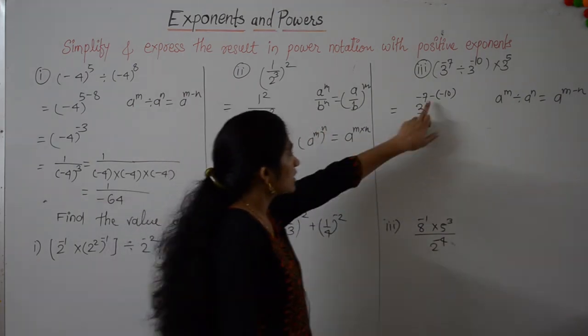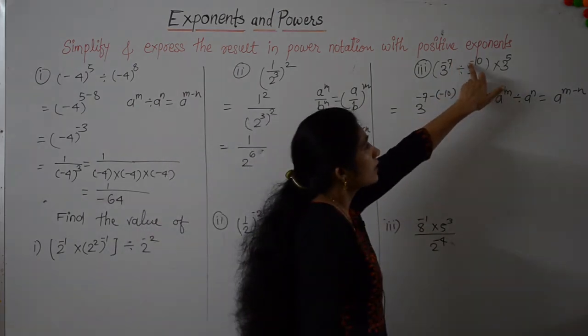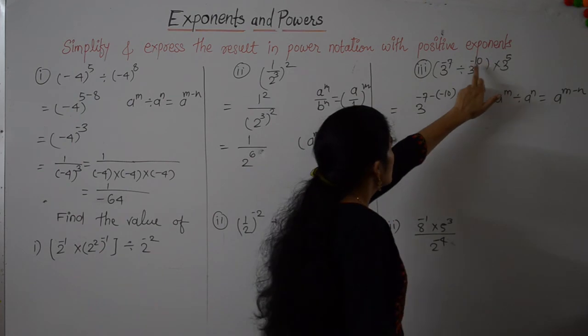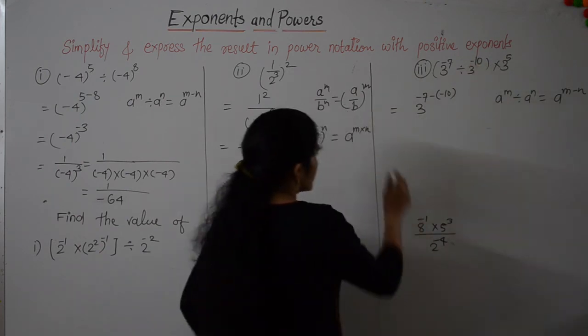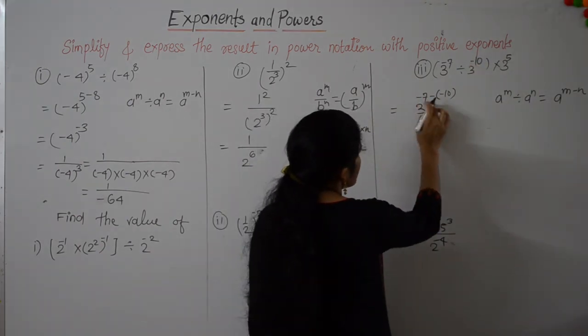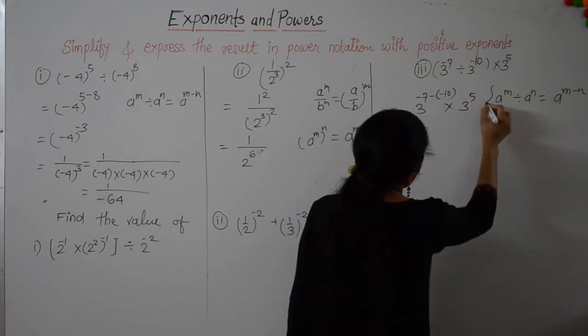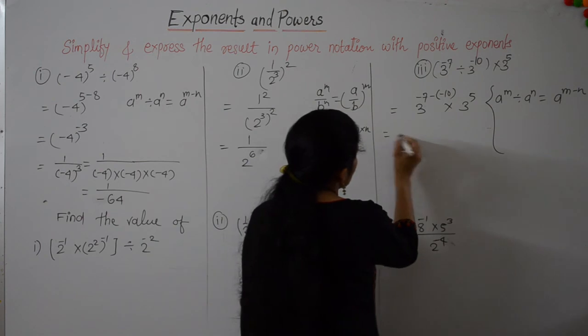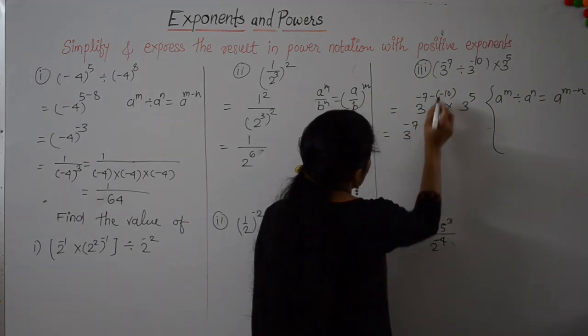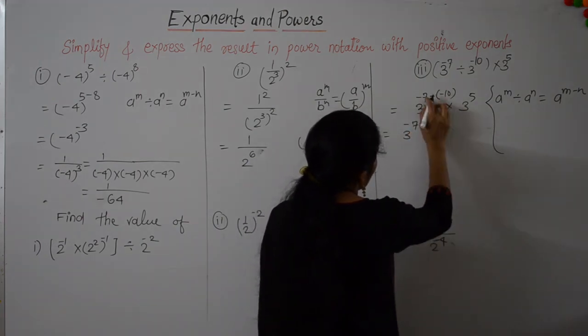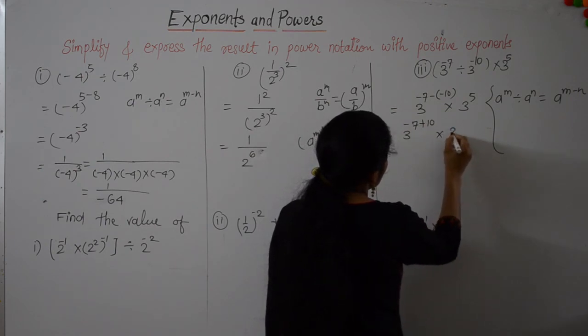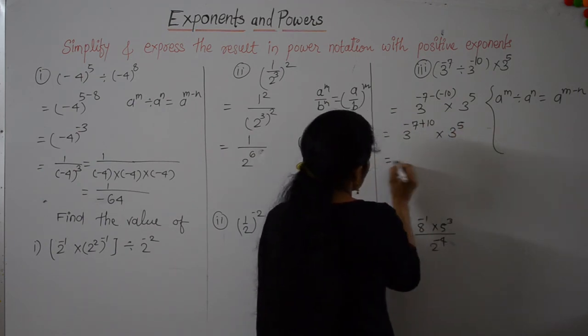Okay, this minus according to the law, and here the exponent is already minus, the power is minus 10. So 3 raised to power minus 7 minus 10 into 3 raised to power 5 will remain as it is. So this is 3 raised to power minus 7 plus 10, minus times minus is plus, into 3 raised to power 5.